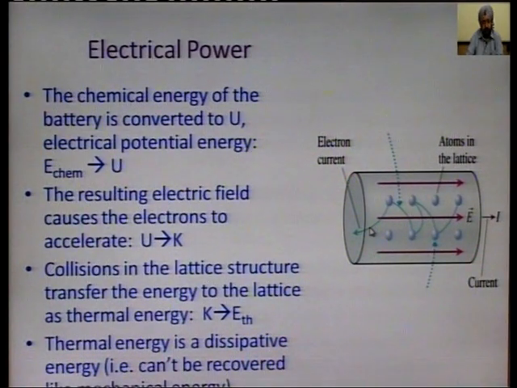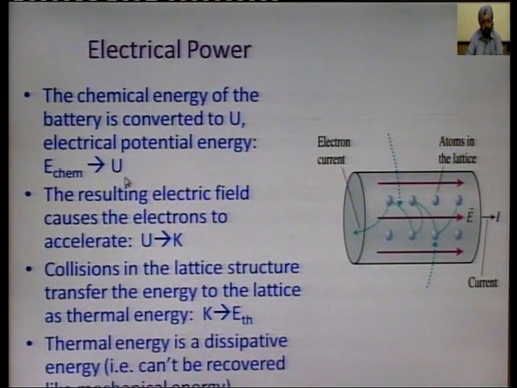Now, if the electrons are accelerating, this electrical potential energy is getting converted into kinetic energy. These electrons collide, and the collisions in the lattice structure transfer the kinetic energy to the lattice as thermal energy.